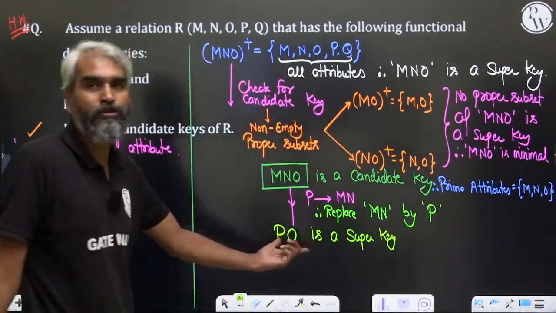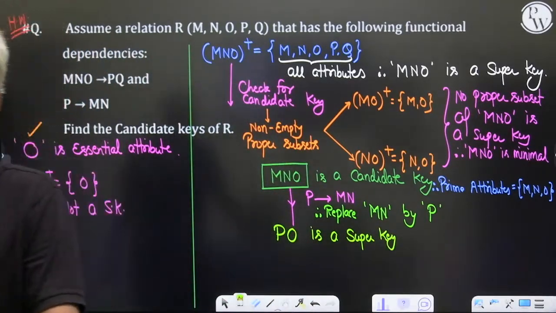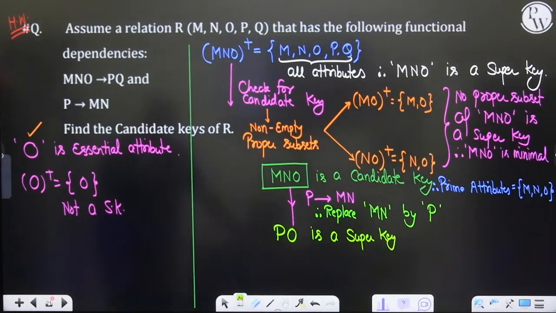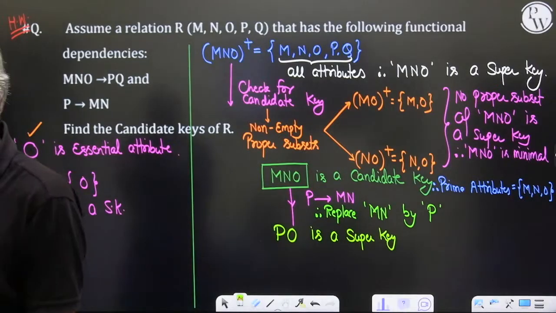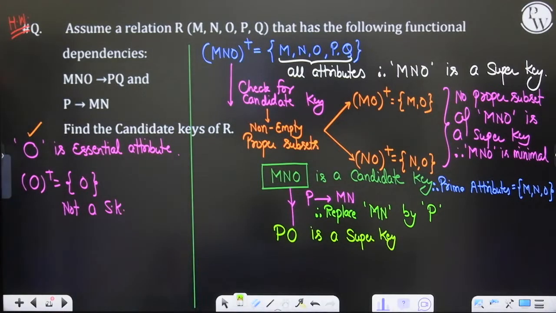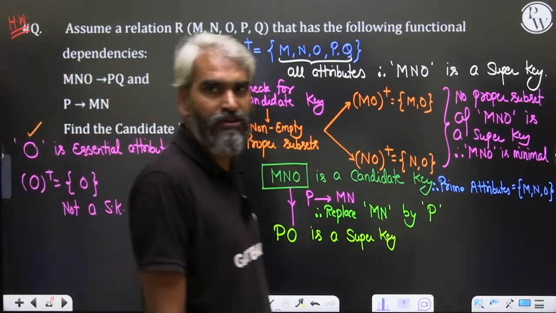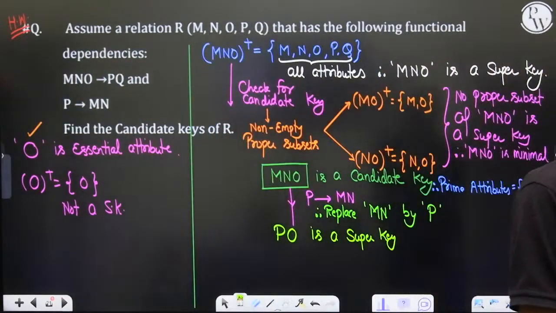Now, do we need to check any non-empty proper subset with respect to PO? Think carefully. Sir, O alone cannot do the job and O cannot be removed from the set.